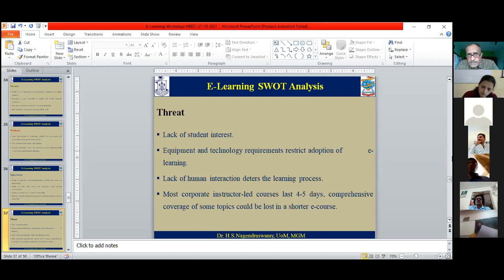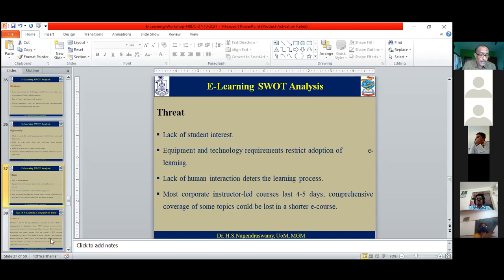Depending upon its demand and need, you can extend the course timings and deliver whatever is required at that level of detail and depth for that particular level of students. That is in your hand. It's not at all a threat, but it can be managed in an intelligent way, right? So these are some of the points related to the SWOT analysis of e-learning.